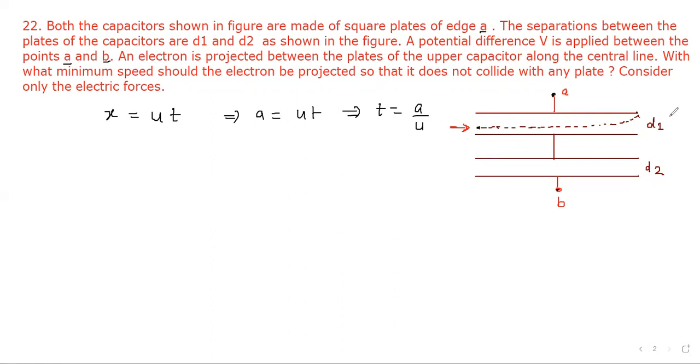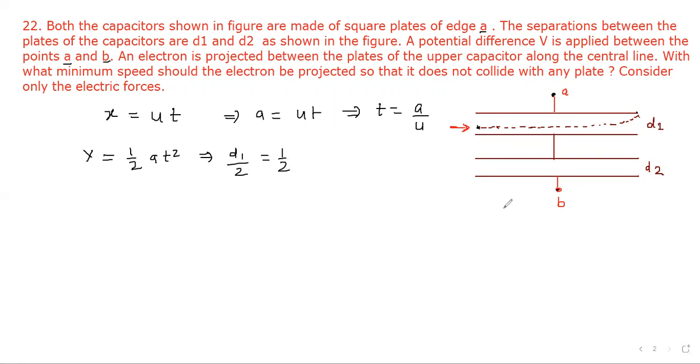Now, distance moved along the y-axis. Since this is halfway, the vertical distance will be d1 by 2. So applying the formula s equal to ut plus half at square, y equal to 1 by 2 at square, which is equal to d1 by 2.